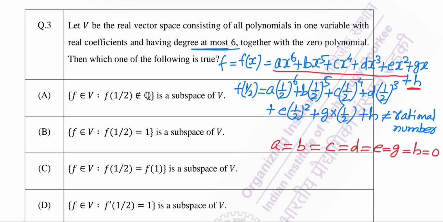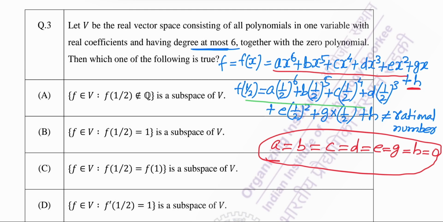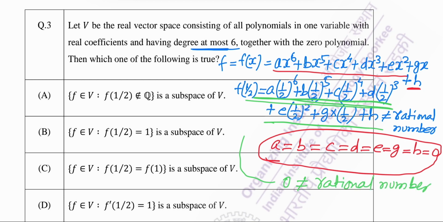But if you put these values in this equation, then you will get 0 not equal to a rational number, but this is false. So A is not our option. Now we go for option B.